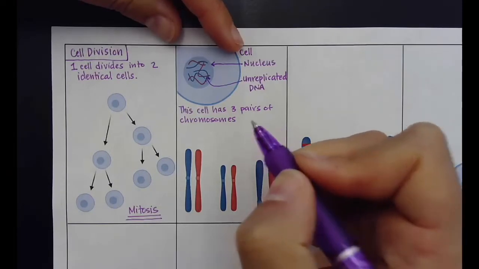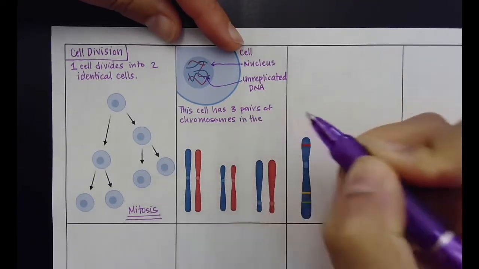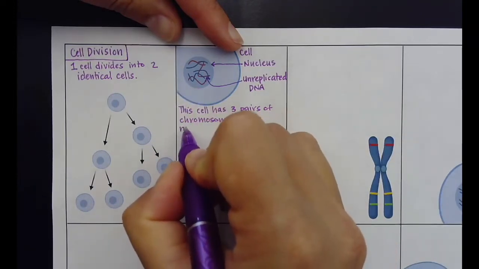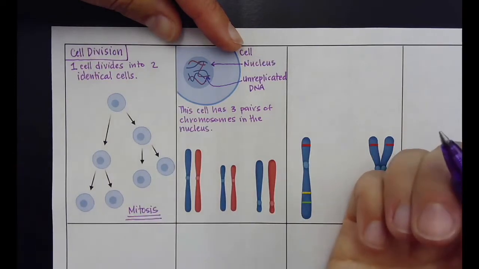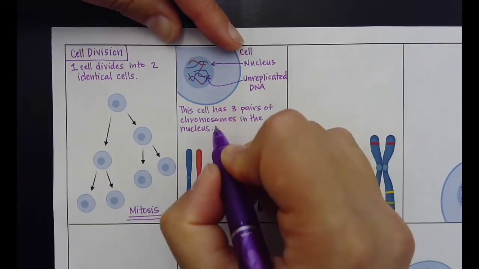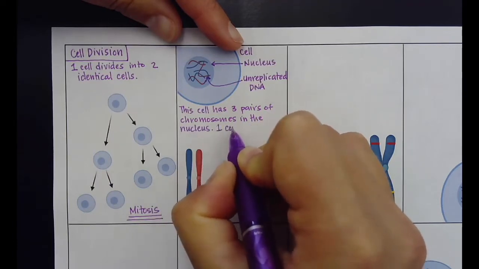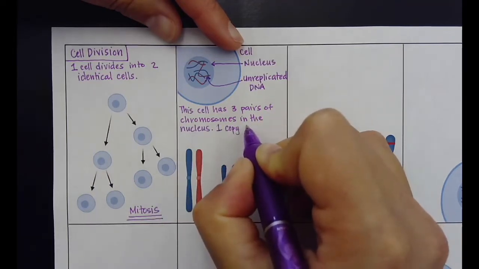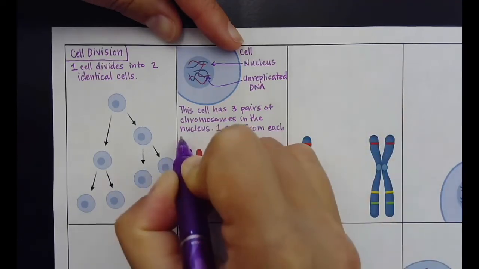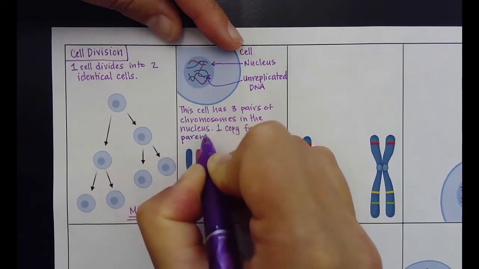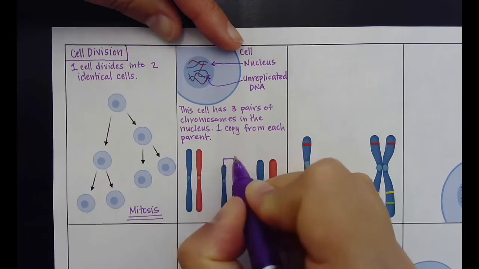And those chromosomes are found in the nucleus. They have one copy of each chromosome from each parent. So we have a pair of chromosomes here.